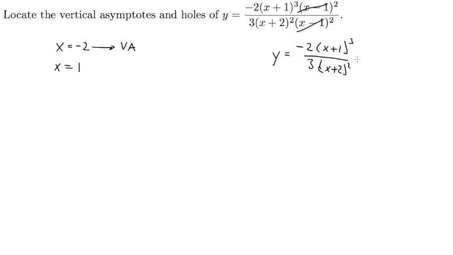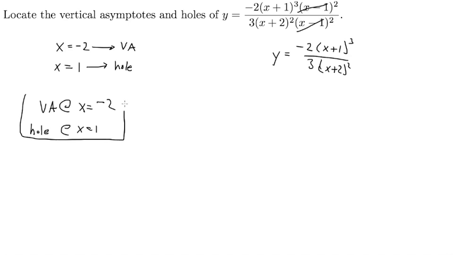So these are going to look exactly the same everywhere except at x equals 1. What that means is for the original function, we are not able to define the function here. So that's actually going to be the location of a hole. And so this is our answer. We have a vertical asymptote at x equals negative 2, and a hole at x equals 1.